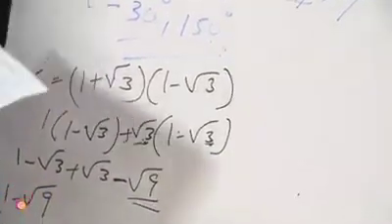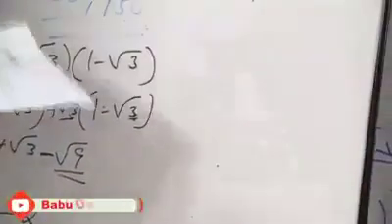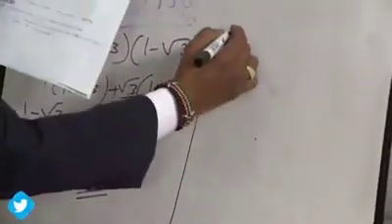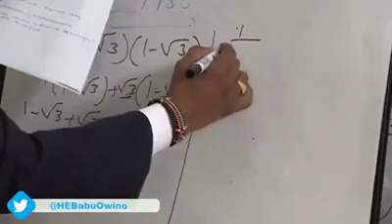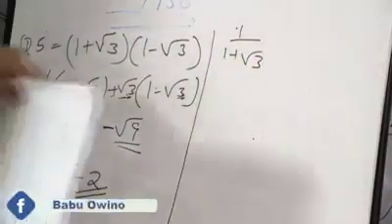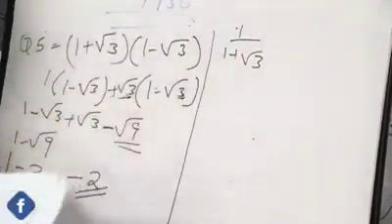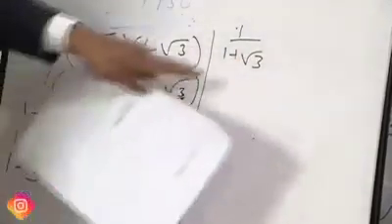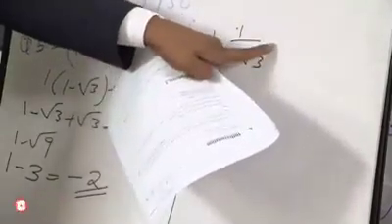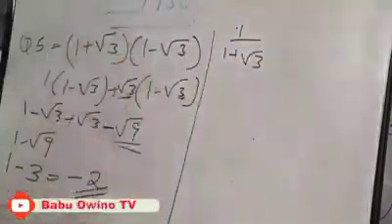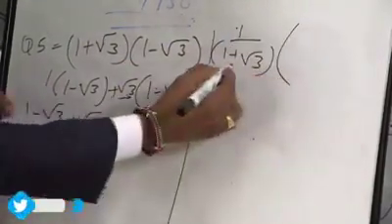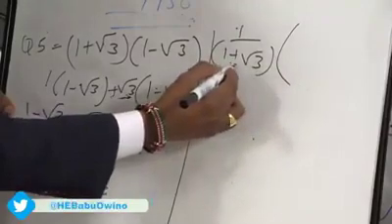Then you are told to simplify this and hence evaluate 1 divided by 1 plus root 3. So when you are told to evaluate this, number one, rationalize the denominator by multiplying this value with its conjugate. The conjugate is just the same value, but the sign changed.